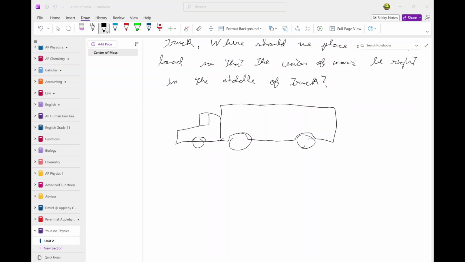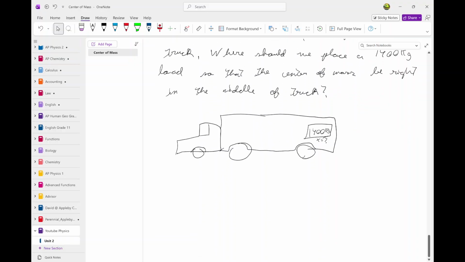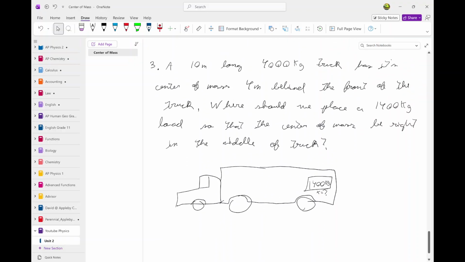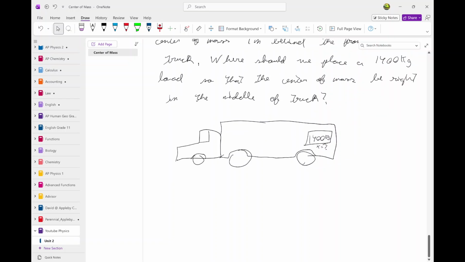Anyways, so we want to know where we should place this big old 1,400 kilogram object, because right now the center of mass is at 4 meters, but the desired center of mass is at 5 meters, so right in the middle.